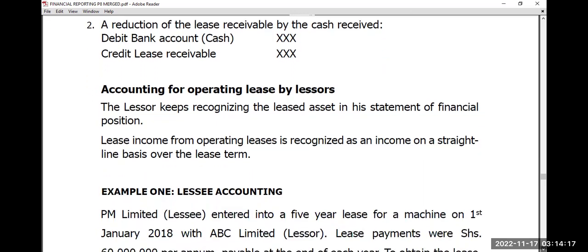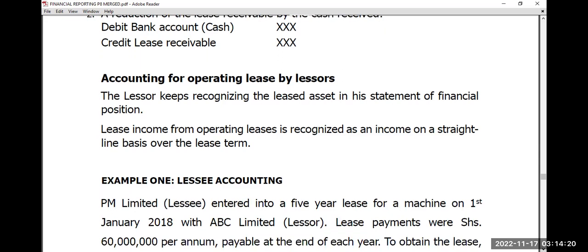Then let's look at how we are going to be accounting for the operating leases, the operating leases by the lessor. Mainly, you can talk about leases, even if you don't call them assets. It may even happen in football matches and football players.